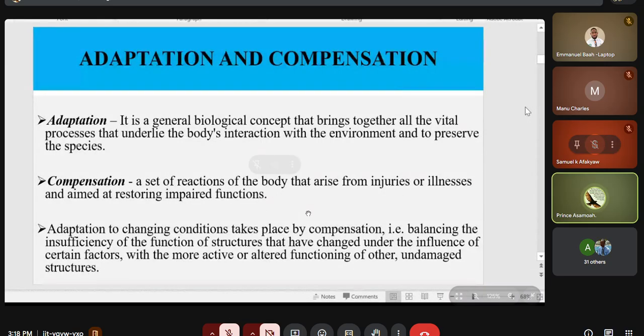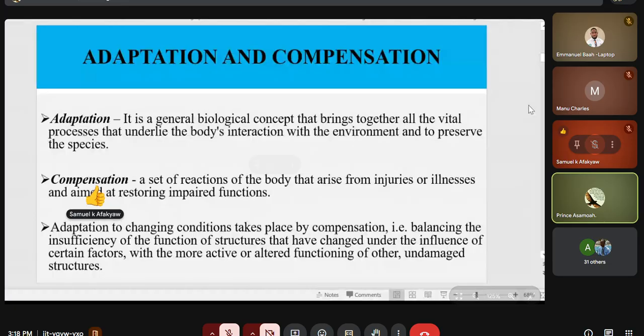Now, what we are seeing today is, if a foreign body, if something that is unknown or harmful to the cell gets on board, what is the response of the cell?